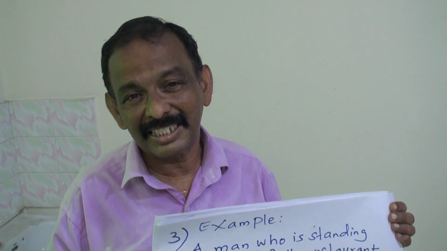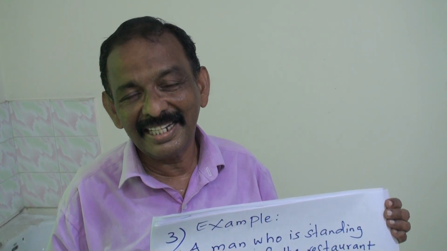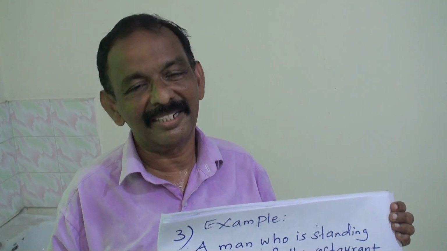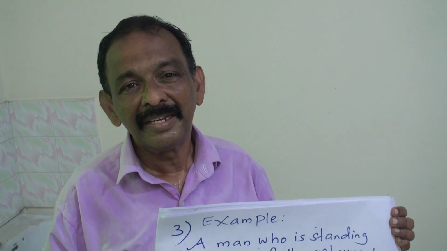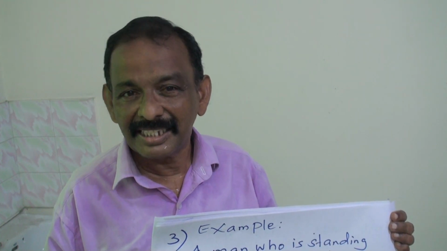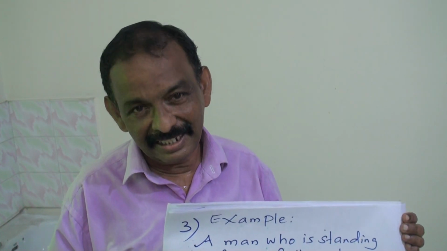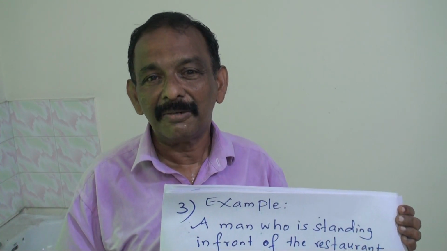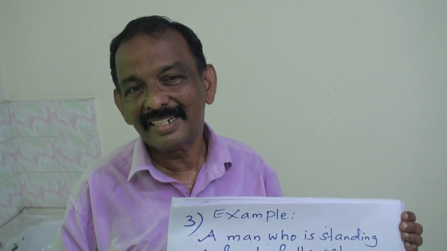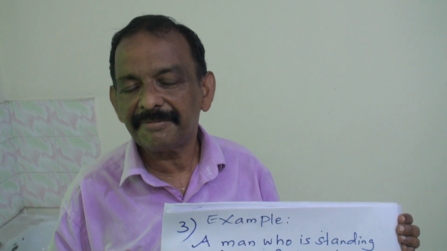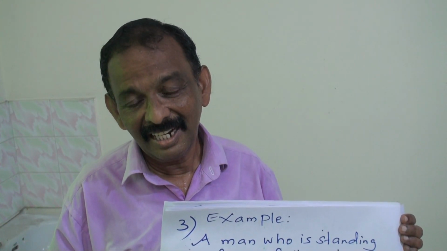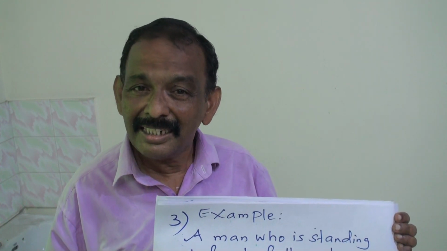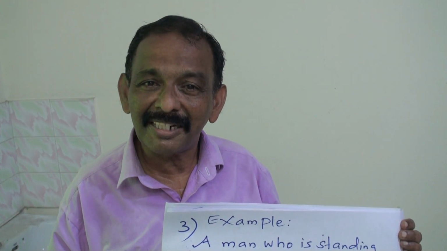The relative clause is the dependent clause, and a man is my uncle is the independent clause. So what are the clauses in this sentence? One is a relative clause, who is standing in front of the restaurant, and the other one is the main clause or independent clause.